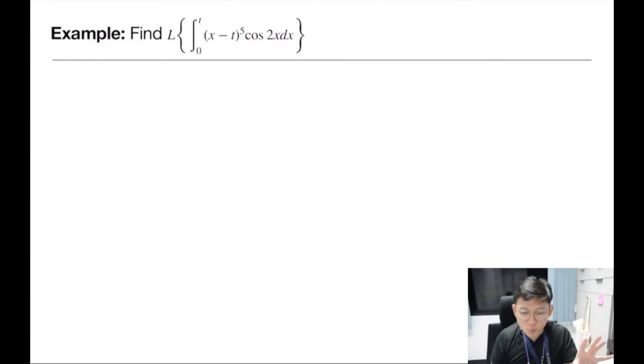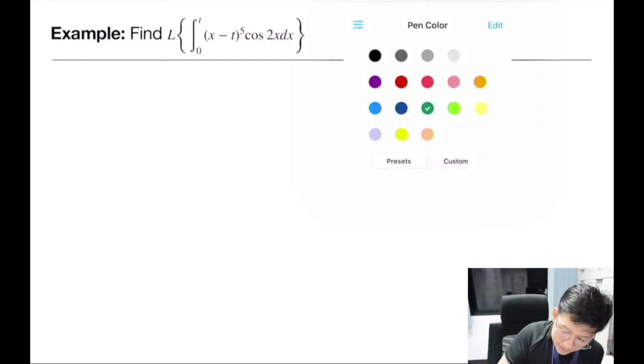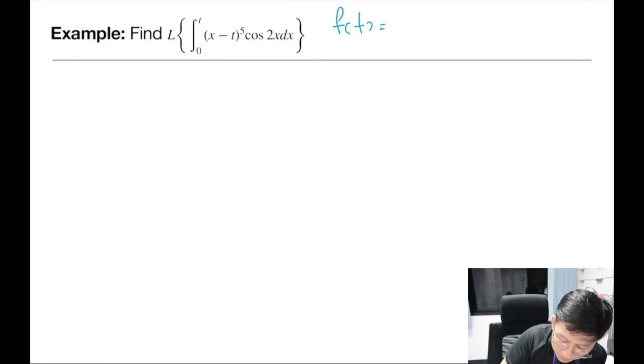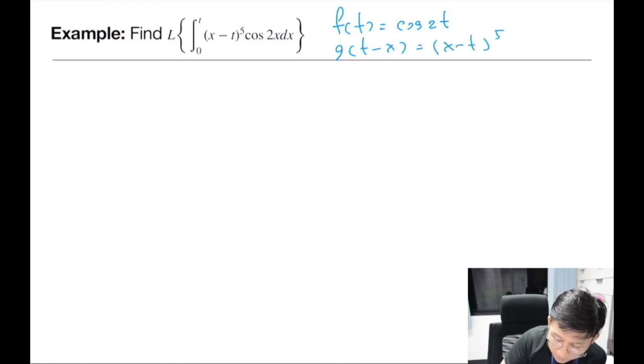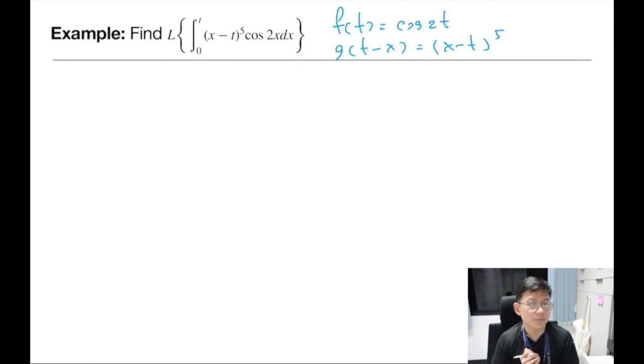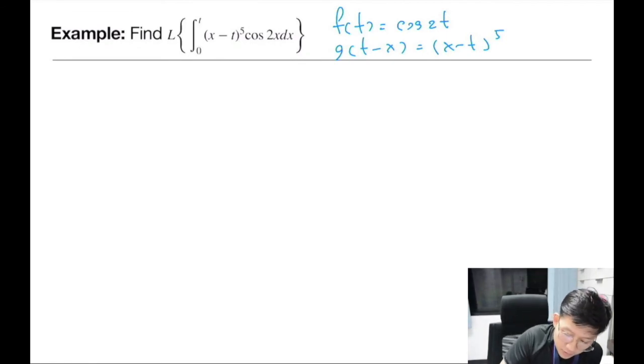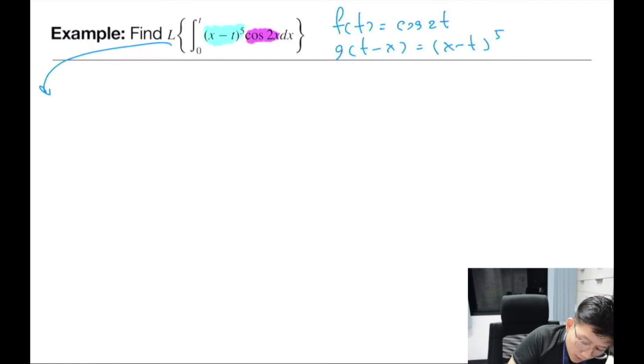For this one you need to see that if you let f(t) be cos 2t and g(t) be such that g(t minus x) is x minus t to the 5, you look at this as g(t minus x) and this as f(x). So this is the Laplace transform of the integral from 0 to t of f(x) g(t minus x) dx.